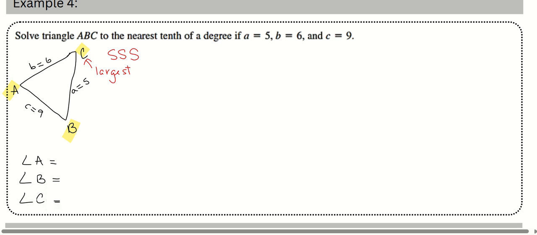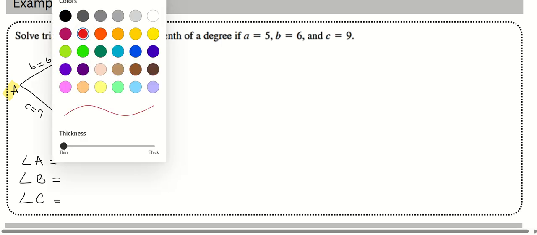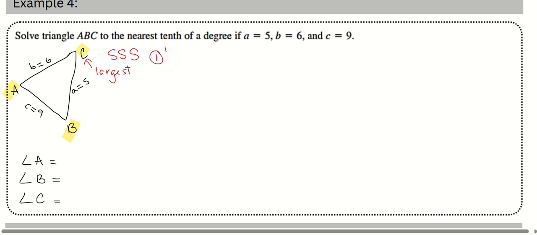Based on the cheat sheet, we need to look at the largest side first, so I'm going to use law of cosines to find angle C, which means I'm going to use c squared is equal to a squared plus b squared minus 2ab cosine of C. And again, you are welcome to start by getting cosine C first and then plugging in.